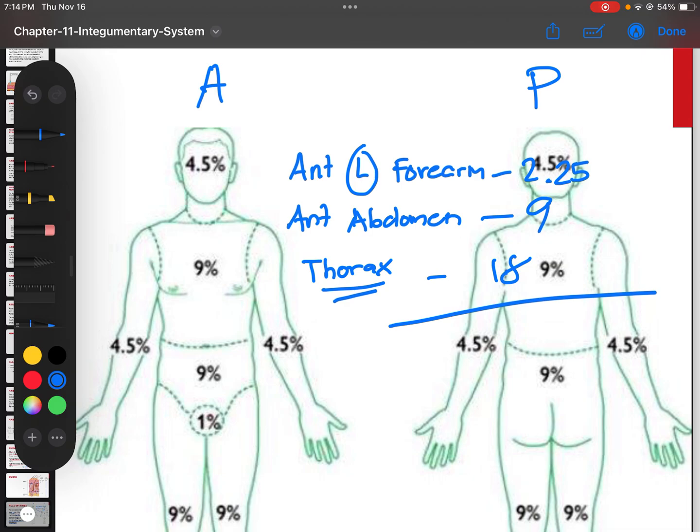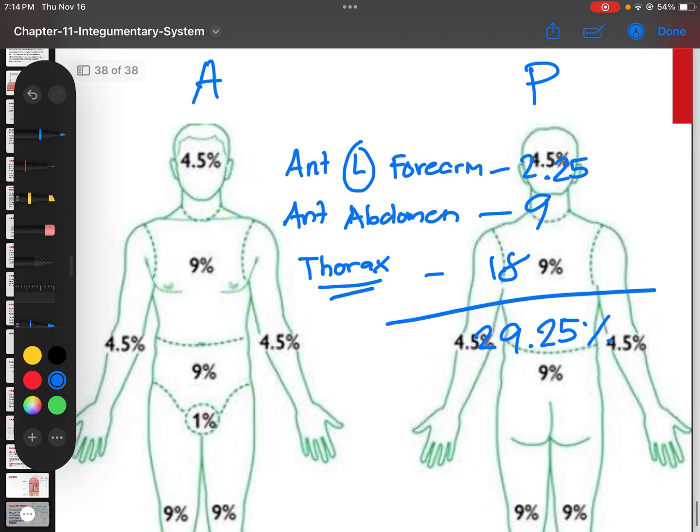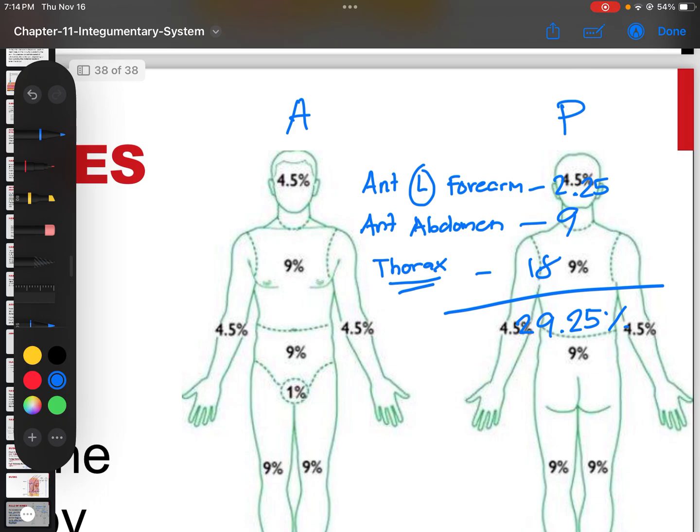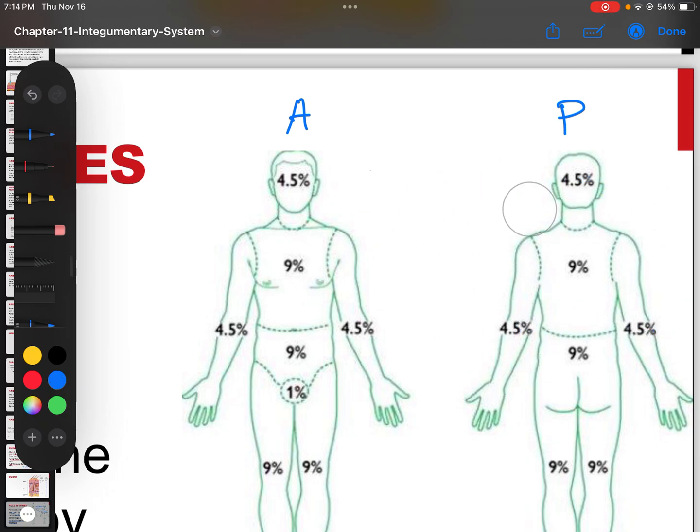So 18 plus 2.25 is 20.25, plus 9, it is now 29.25%. So we can say that according to the rule of nines, this body has burned or damaged 29.25% of their body.